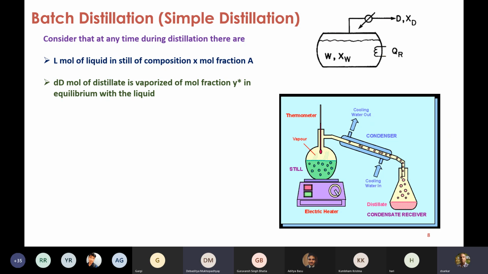So essentially you consider that flash vaporization is carried out successively a very large number of times, each time taking an infinitesimally small amount of the liquid. Then the net result will approach the simple distillation that we have been talking about.